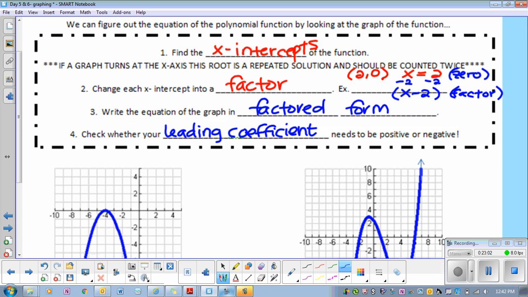And that is basically negative if your right arm is going down. I abbreviated there as a shorthand. So it's negative. You need a negative in the front if the right arm of the graph is going down. Okay?